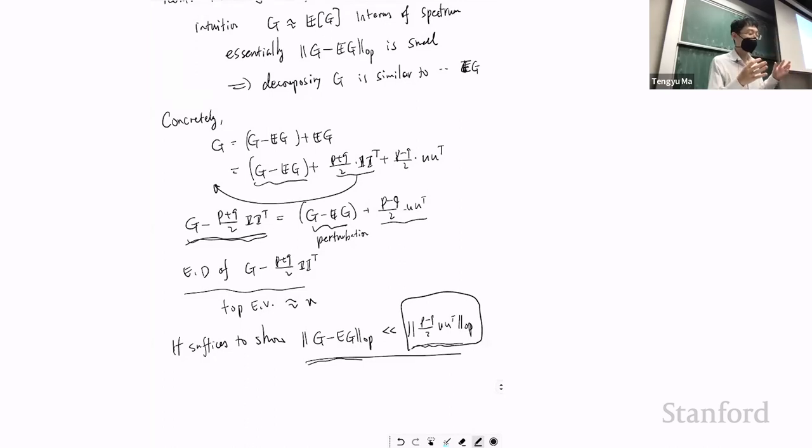I think you do have to say, to some extent, that G minus EG is small in all directions, because if G minus EG is very big in one direction, even if that direction is completely orthogonal to U, then that direction will be a new top eigenvector, because you're talking about the max. How exactly you measure this, there's still some room to negotiate, but you do have to say something about all directions of the noise.